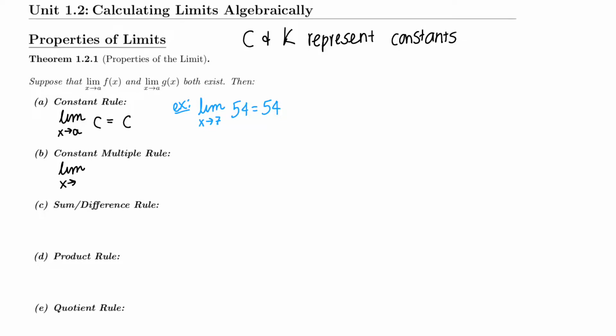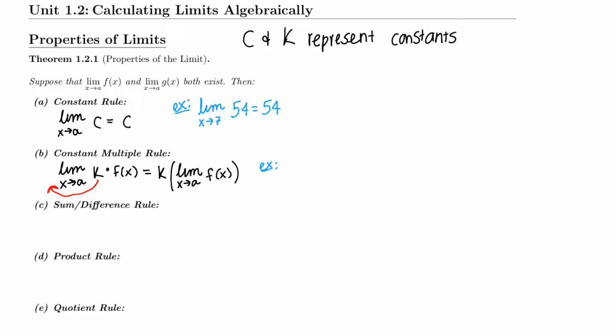All right, so the limit as x approaches a of a constant k times a function. This is the same thing as if you took the constant outside and left the function and just took the limit of the function. I'll give you an example. And maybe I'll also draw what's happening here. This k can move to the outside is what's happening.